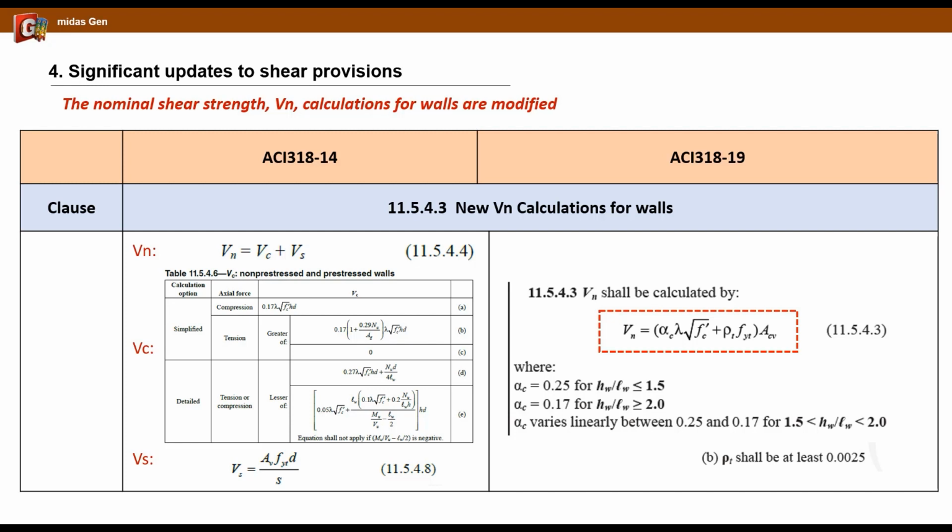The detailed calculation option allowed for walls is also removed by the removal of ACI 318-14 Table 11.5.4.6. The impact of this change can only be determined after implementation for various conditions.